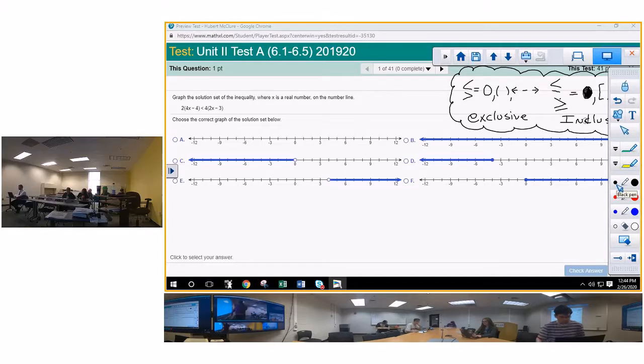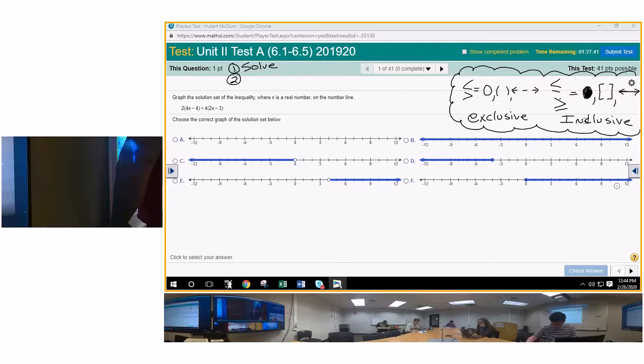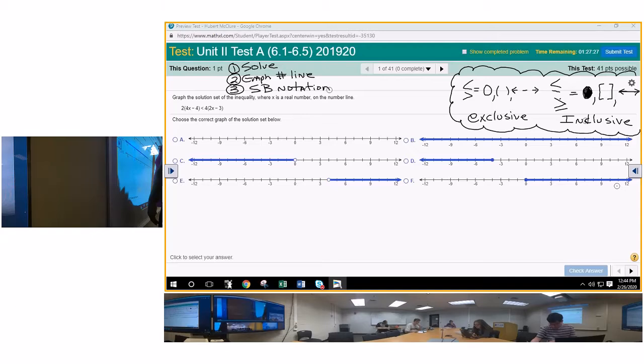And when you do an inequality, you solve, you graph on a number line, and then you write in set builder notation and interval notation.